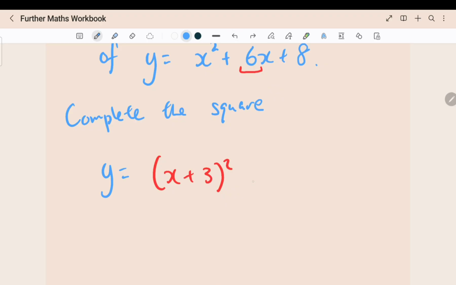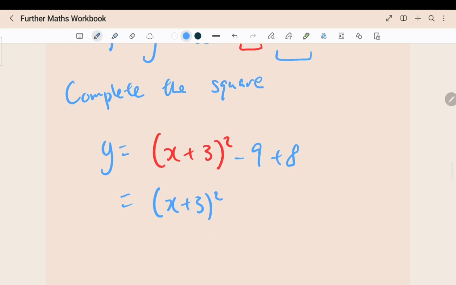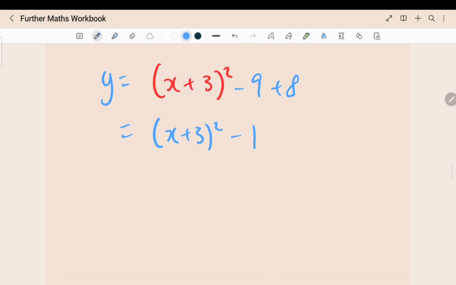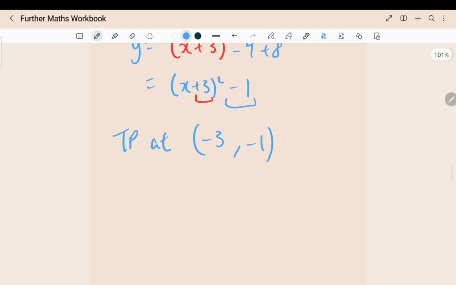So to cancel that out, I want a minus 9, and then I still have a plus 8 left over. So this will give me x plus 3 squared minus 1. And the coordinate of the turning point will be inversing this. So plus 3 will become minus 3, and then keeping this the same, minus 1.